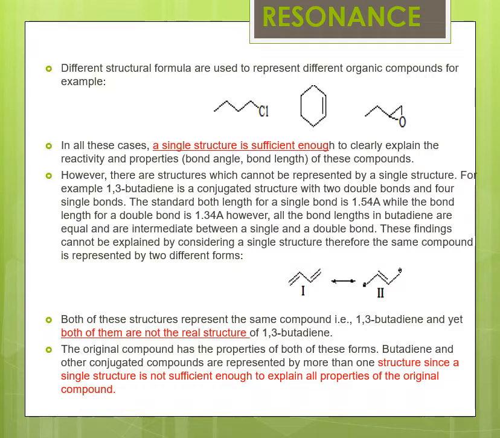The original structure has the properties of both of these forms, but neither of these structures is the original structure. So butadiene and all other conjugated compounds cannot be represented by one structure. They have to be represented by more than one structure. A single structure is not sufficient to explain all the properties of an original compound.